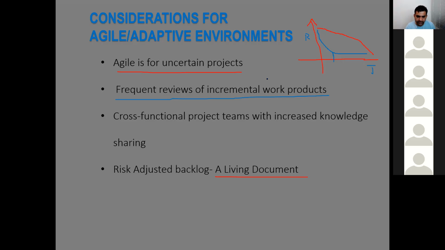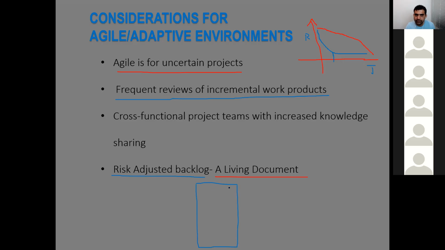And most importantly, we always have a risk-adjusted backlog. I believe everybody is now familiar with the backlog. Backlog is just one document, not multiple documents. That's one thing to remember. All the work that we need to complete, all the features, should be in one document at one place, and we always work on that one place.